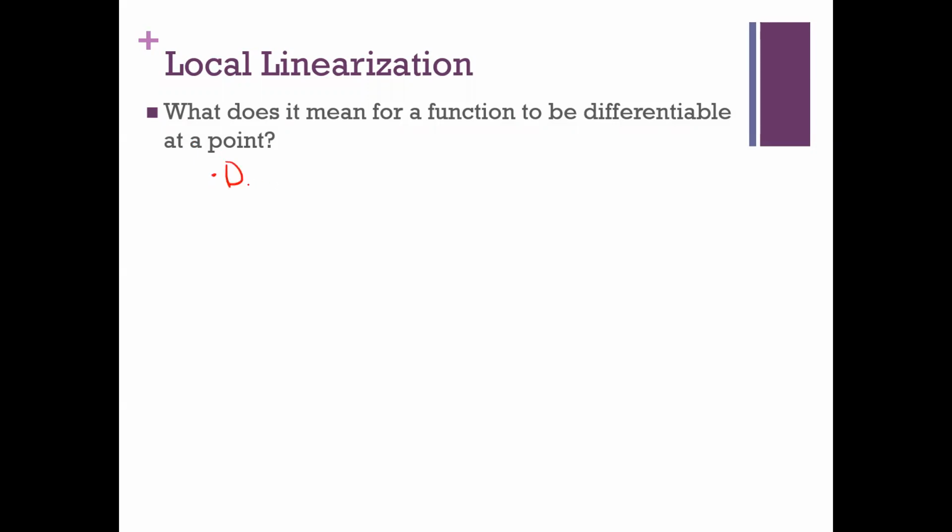The derivative exists at that point. Anything else we've said about this? So the derivative exists at the point. That's kind of baked into a function being differentiable. It will also be continuous.